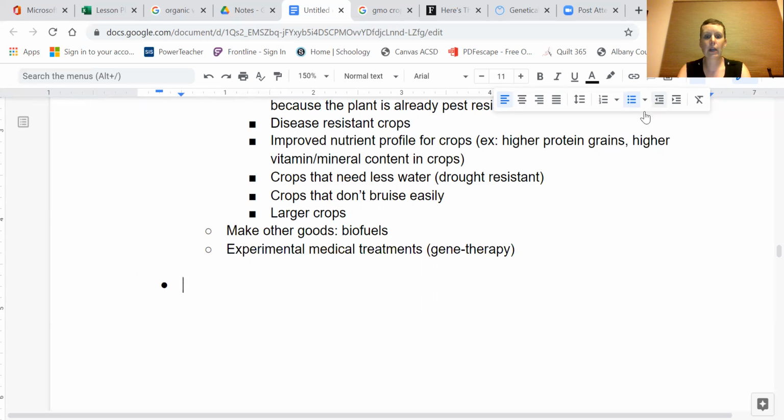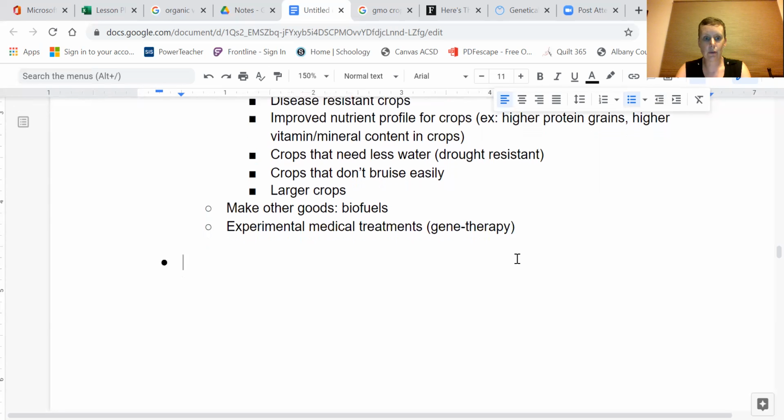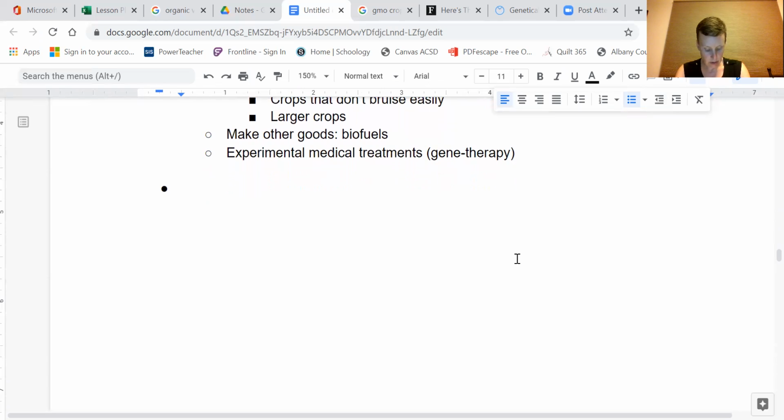Now we're just going to do some quick stats about GMOs and their use and their prevalence. So GMOs have been extensively adopted by farmers. And we're going to go through some statistics.